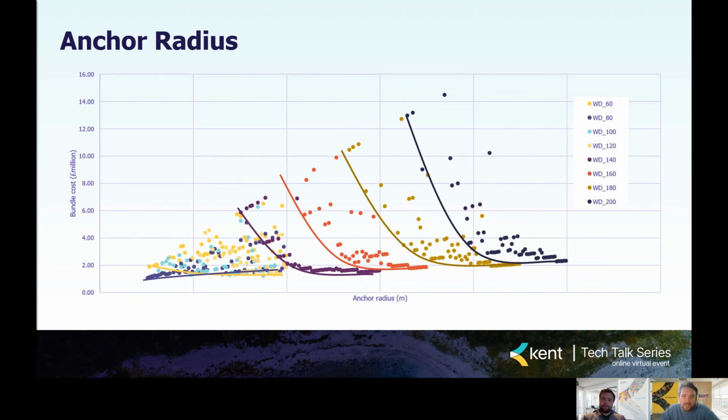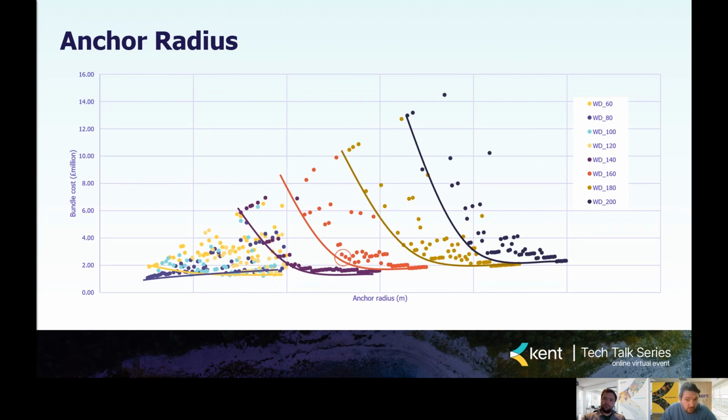And what we see is that we can do quite a lot to reduce the anchor radius without really increasing the cost of the system too significantly. So for example, if we look at a 160-meter water depth case, and if we consider the point with the minimum bundle cost, we can reduce the radius by sort of a quarter or a third with only a very moderate increase in cost.